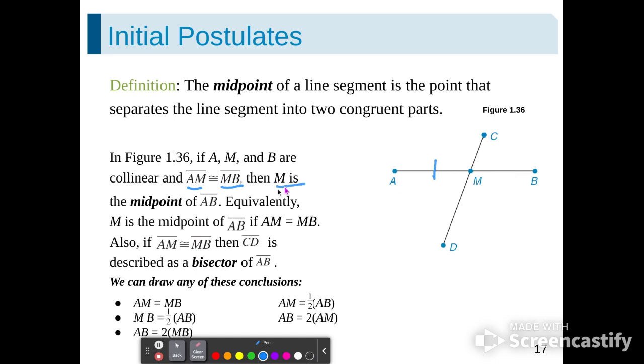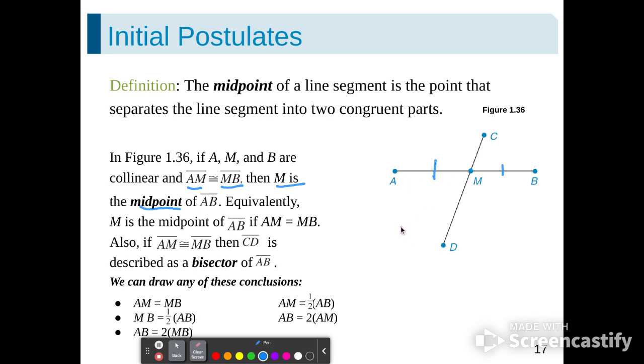If they are, then M is known as the midpoint. These little bars signify that those two line segments are congruent inside of line segment AB. So equivalently, M is the midpoint of AB.